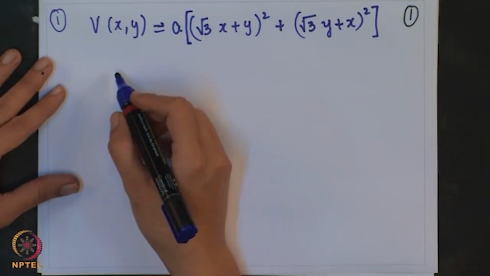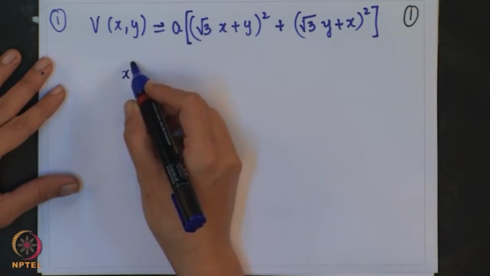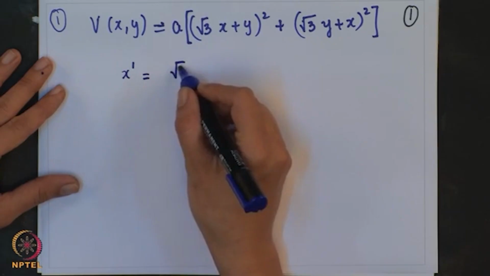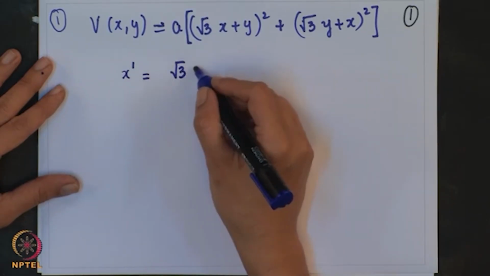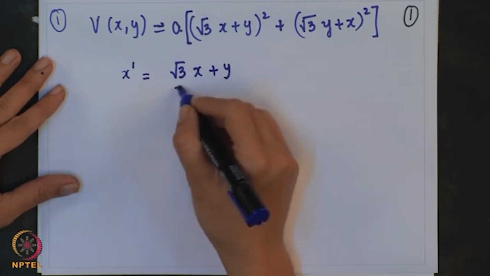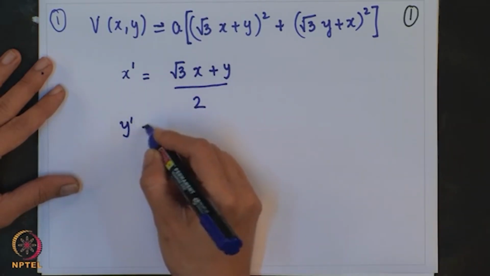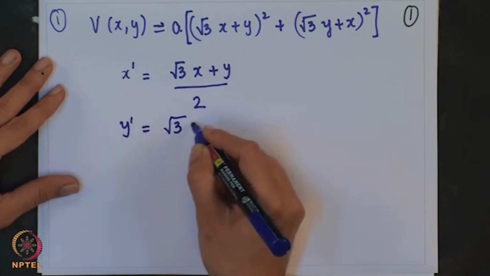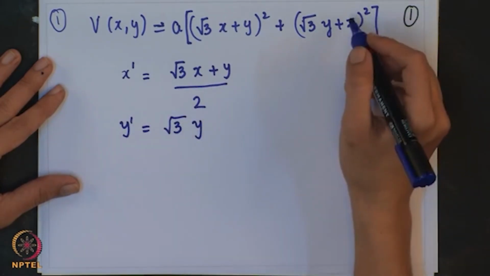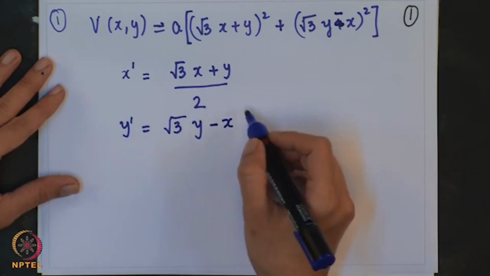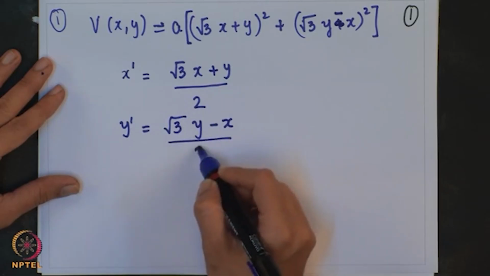So, here let us redefine these coordinates as x prime as, let me write it as, root 3 x plus y divided by 2, and y prime as square root of 3 y minus x by 2.